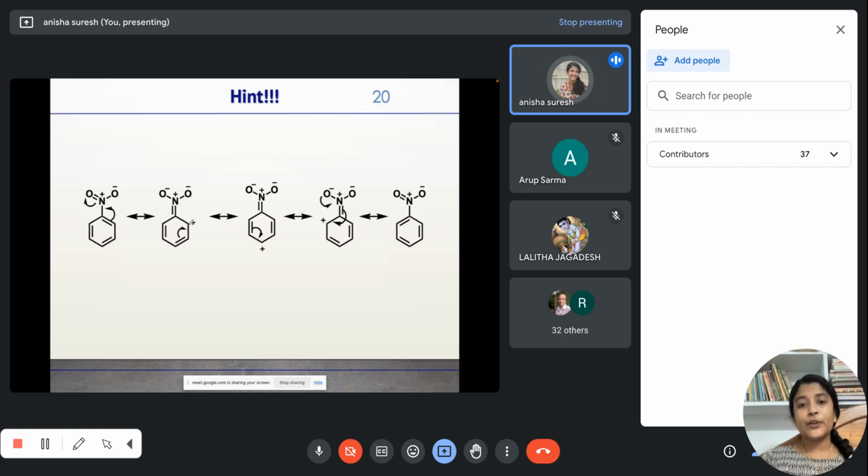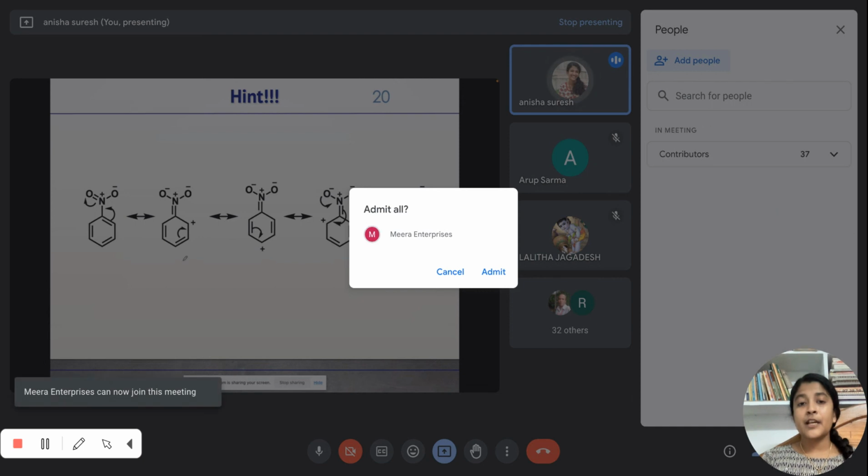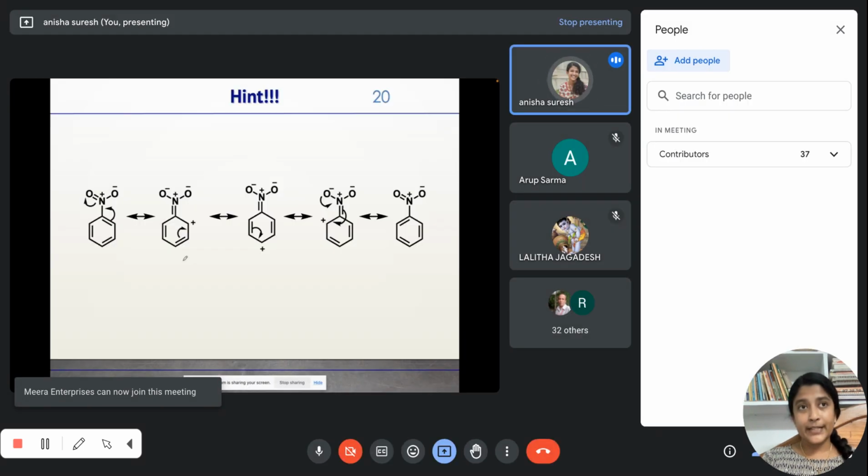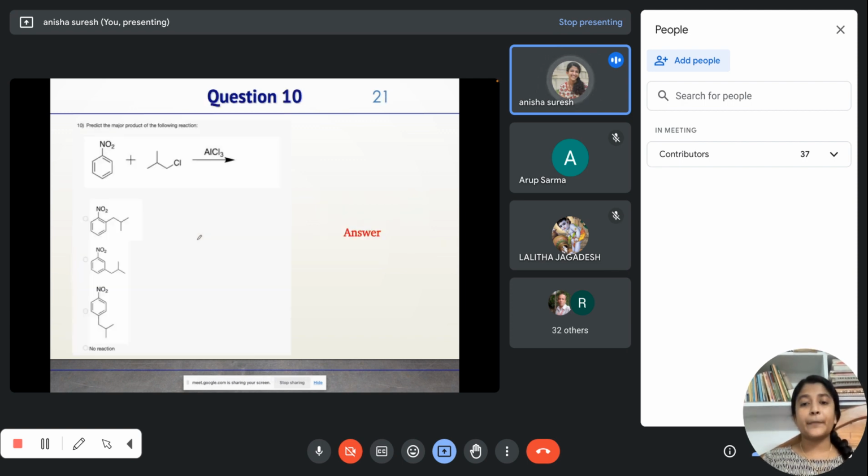We can see that at the ortho position and at the para position there is a positive charge. This is electrophilic aromatic substitution, and since the ring has a positive charge over it, the alkylation of nitrobenzene is not feasible. So the correct option is no reaction.